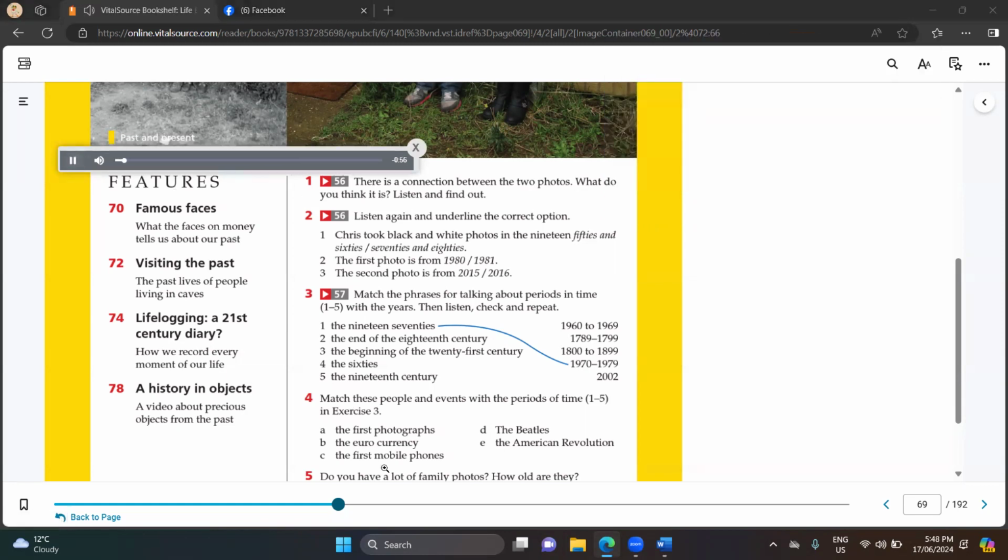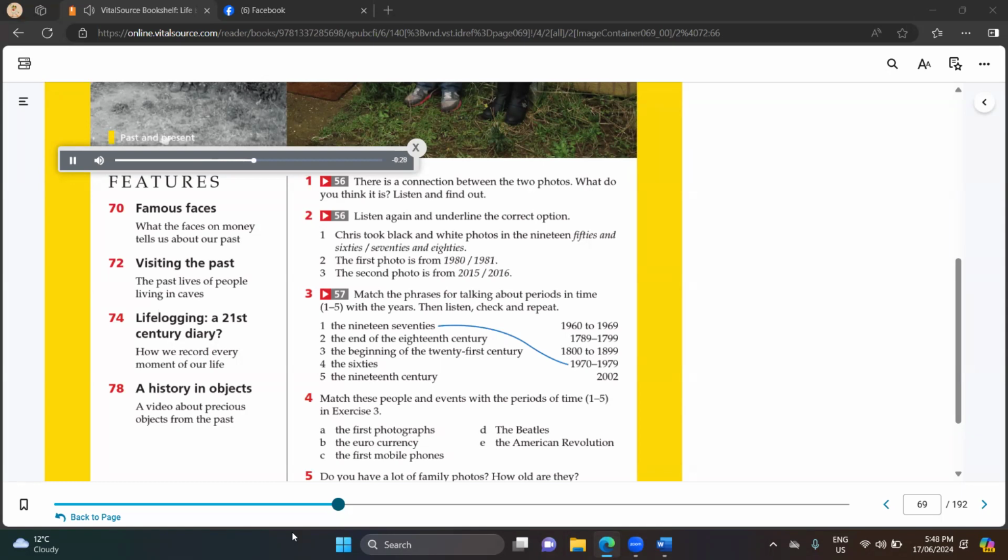Track 56. Unit 6, Opener. During the 1970s and 80s, Chris Porsche took lots of black and white photographs of local people in his city. 30 years later, Chris looked for the same people by putting the old photos on his website and in the newspaper.